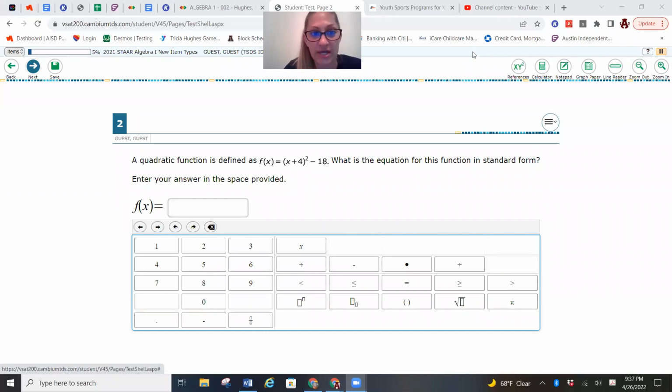This question says f of x equals (x plus 4) squared minus 18. What is the equation for this function in standard form? So what I'm going to need to know is how to expand this.